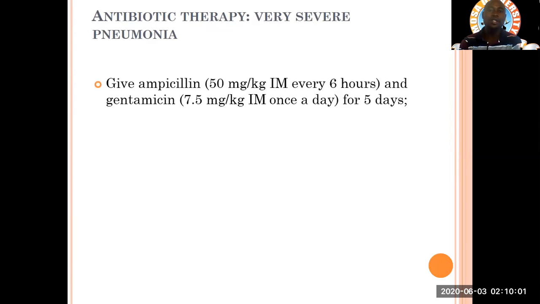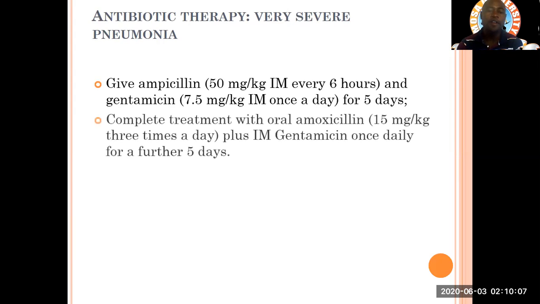But let us also look at now the therapy for very severe pneumonia. These will be given ampicillin 50 milligrams per kg IM every 6 hours, and gentamicin 7.5 milligrams per kg IM OD for 5 days.